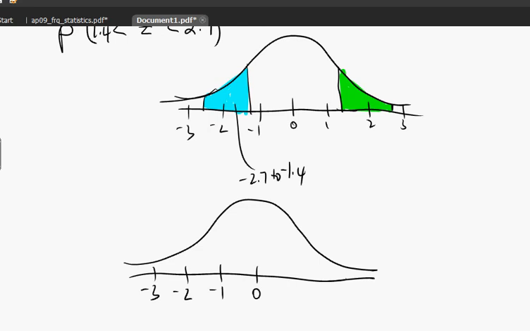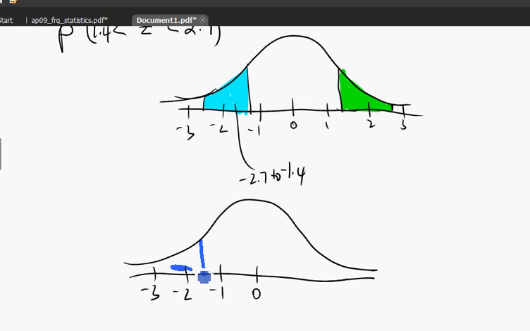Can you give me a procedure for doing this? You would find the Z-score from negative 1.4 to negative 2.7. Okay, but I don't know how to do that yet. Remember, I have to go from negative infinity. Take the Z-score from negative infinity to negative 1.4.